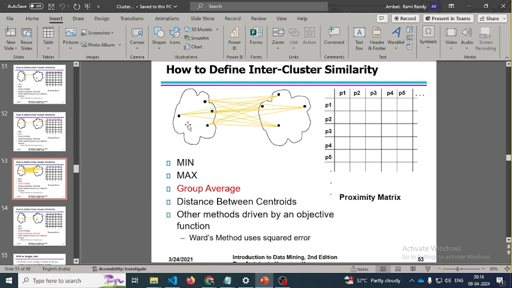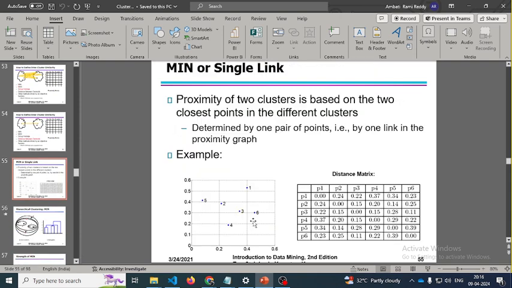This cluster has some centroid and this cluster has some centroid, so based on these centroids, this is another criteria. Then if you want to give your own customized objective functions, you may use that also.